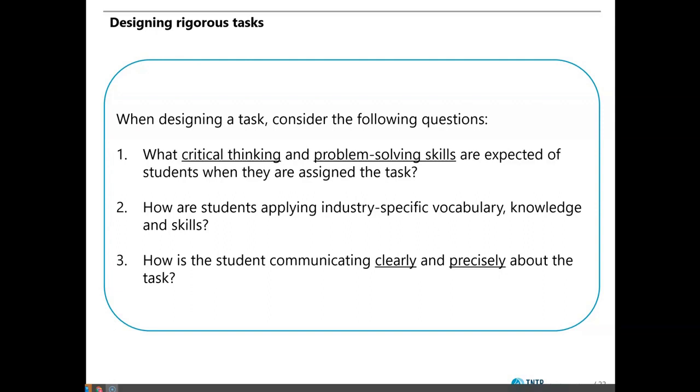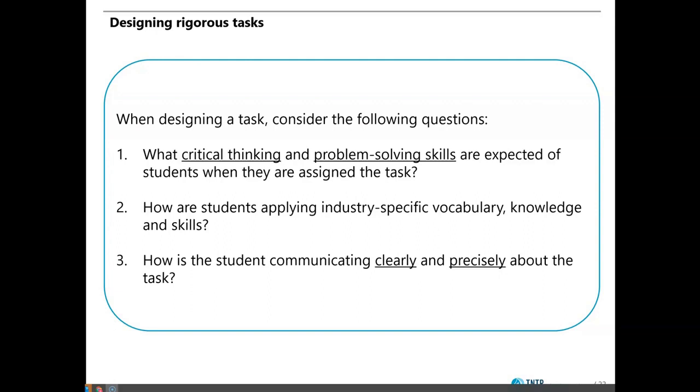And these are 3 questions that you would want to consider in advance and during the design process of the task. So first is, what critical thinking and problem solving skills are expected of students when they are assigned the task? And this can take many forms. We'll dig into this a little bit more deeply in a moment.